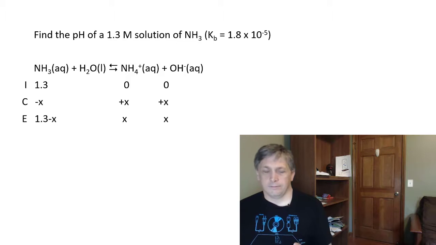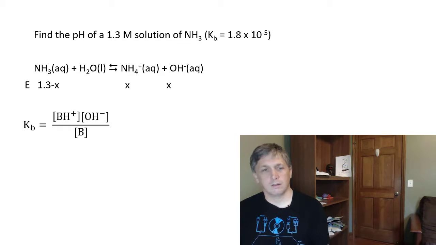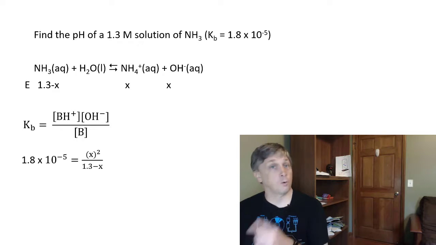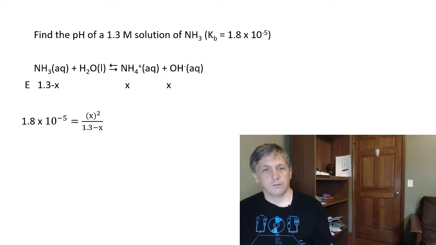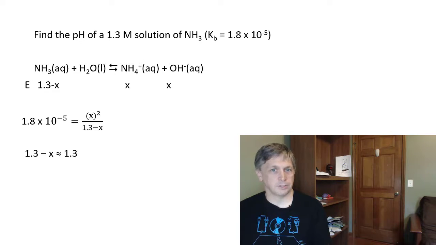And from this point, just like before, we take the equilibrium row and we plug it into our expression of Kb, along with our known value of Kb. And when you do that, you have everything you need to solve for X. So you solve for X. Again, we're going to assume that the approximation is going to be valid in this case, and that the initial concentration is approximately going to be the same as before, which we talked about last time, and in previous videos when we talked about equilibrium in general.